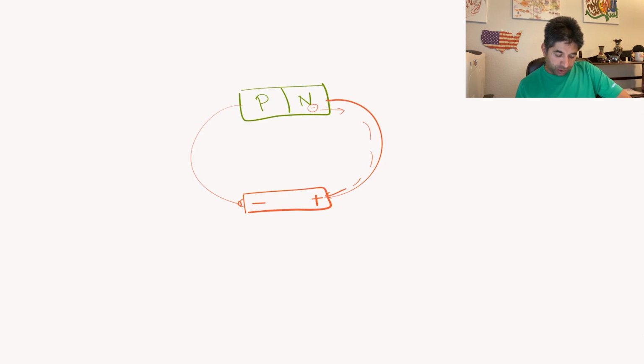So these electrons will come to this side, and the holes, which we call positive ones, come to this side. All these electrons going that side, that gets a positive inside. So current is flowing, right?